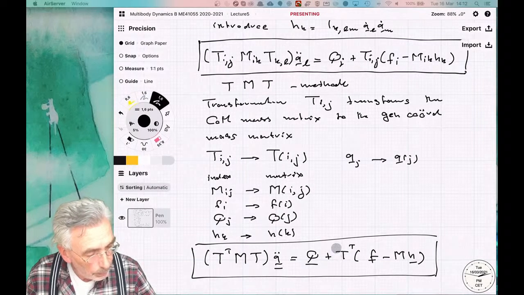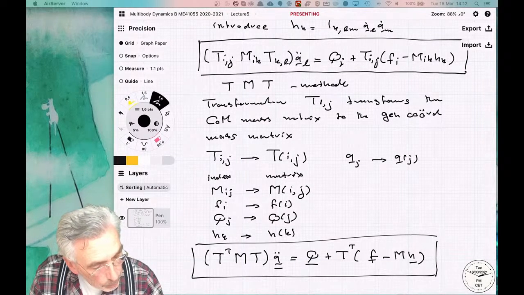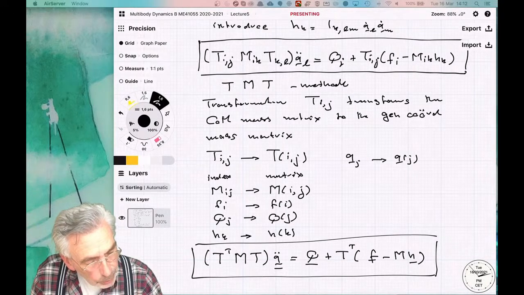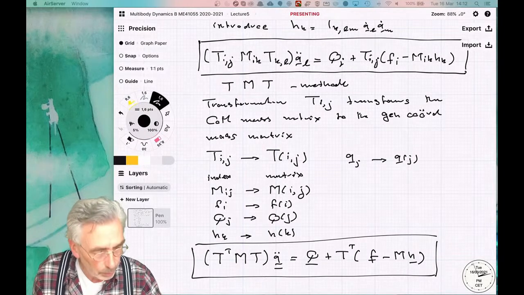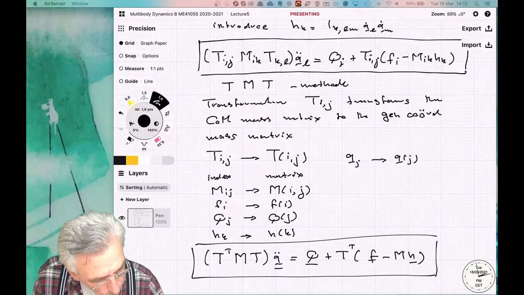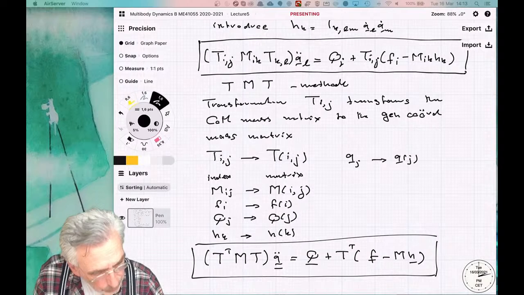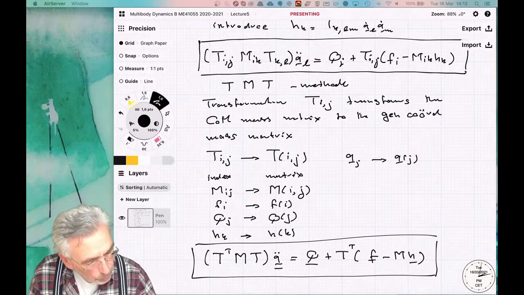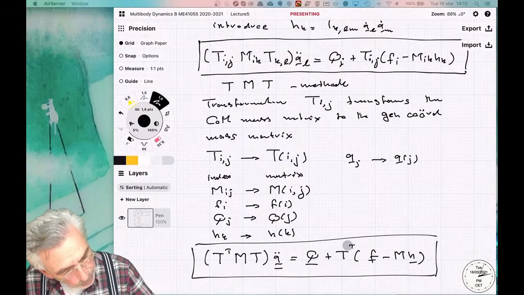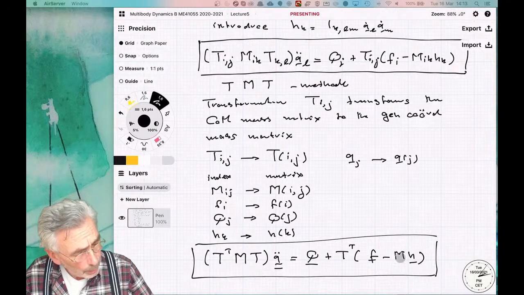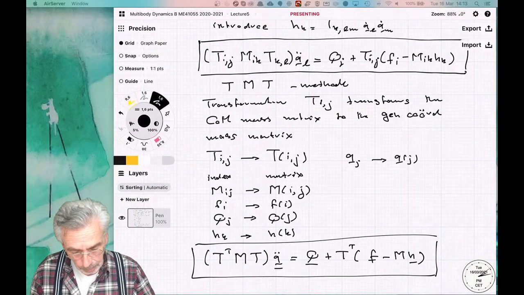Then here we see again T transpose. Why? Well, there's an F_i here, and the multiplication is T_ij and not T_ji. So therefore you have to do it. If you associate this matrix with this index thing, then you have to do the transpose here. So I get T transpose times the vector F minus M times the convective forces.